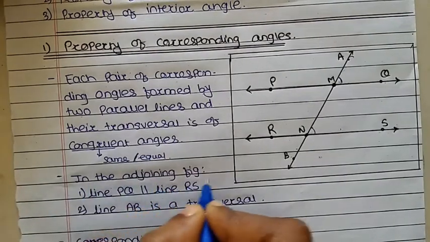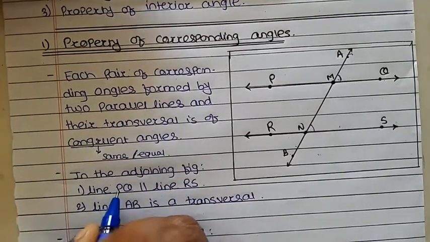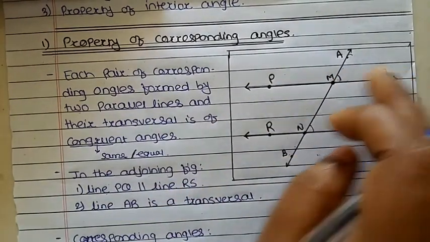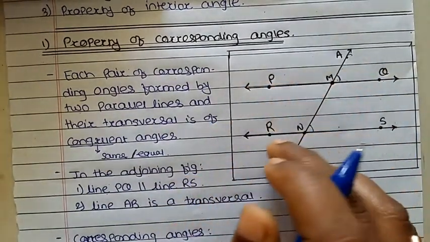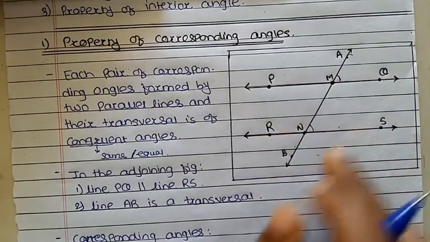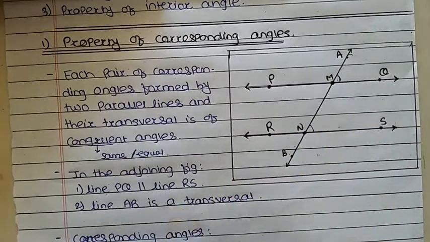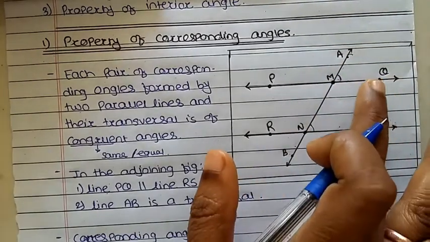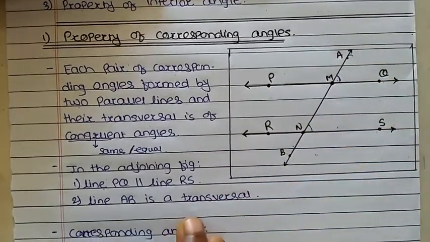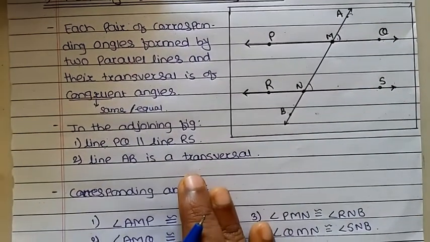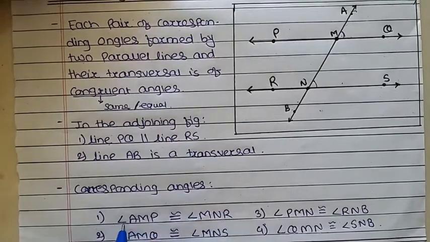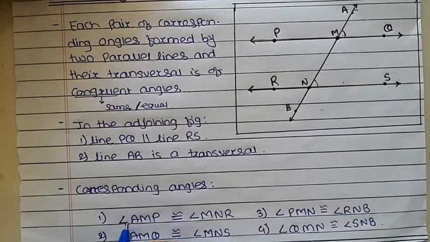So in the adjoining figure, what is given here? Line PQ is parallel to line RS, and line AB is the transversal of line PQ and line RS. So what are the congruent or corresponding angles here? Just observe, this is the symbol for angle.